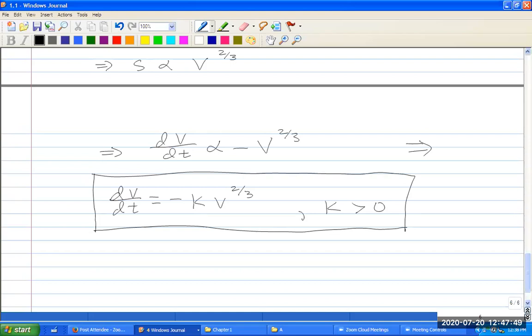So this is a fairly accurate differential equation for figuring out how a spherical raindrop evaporates. And so a spherical raindrop should evaporate according to this that we just derived. So it's kind of strange. How in the world do you get V to the 2/3? Well, it's very logical.